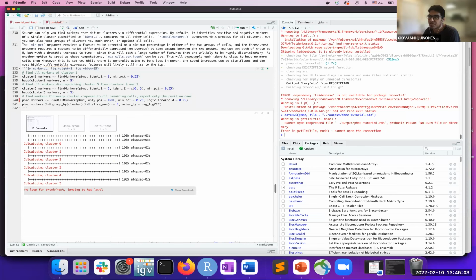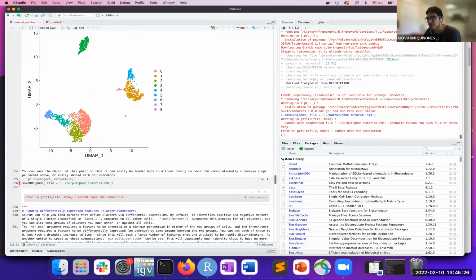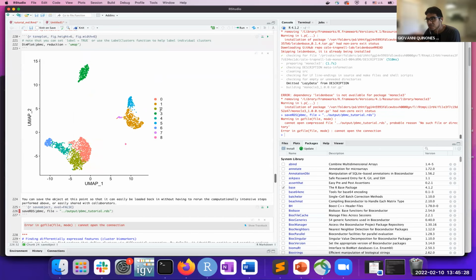So for example, the first line of code, the function FindMarkers is going to perform the differential gene expression, and is going to find marker genes that are differentially expressed in only cluster number 2. So if you remember our UMAP plot, cluster number 2 is colored with this sort of dark green. I believe it's this one over here.